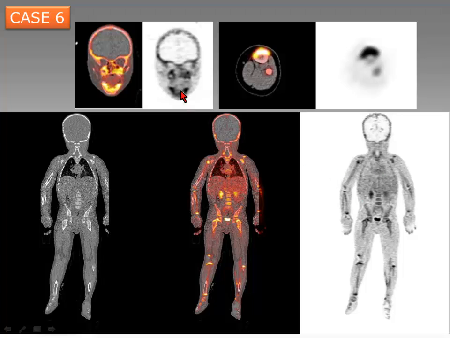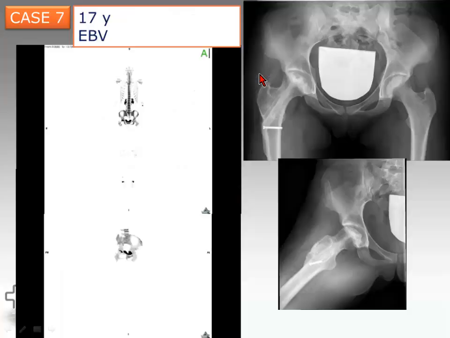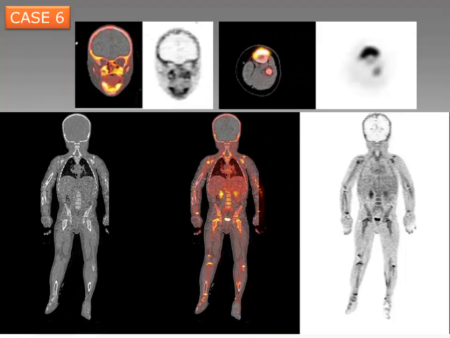Here you can see a lesion on the coronal, and here you can see also on the tibia an anterior fracture. It was a battered child with many lesions. In this case, we performed a low-dose CT. You can see the quality of the CT.